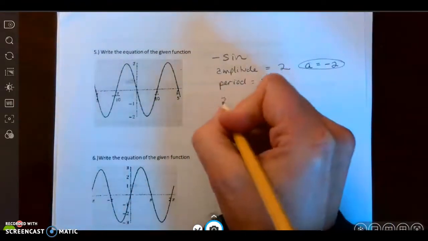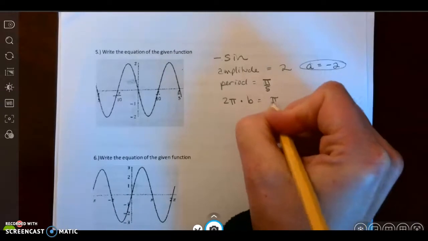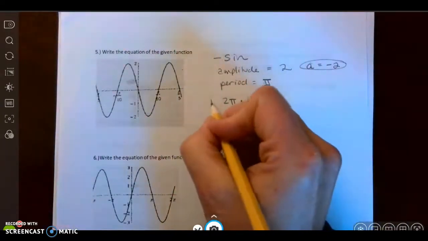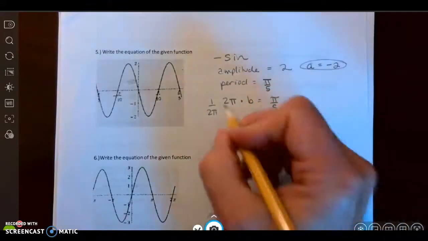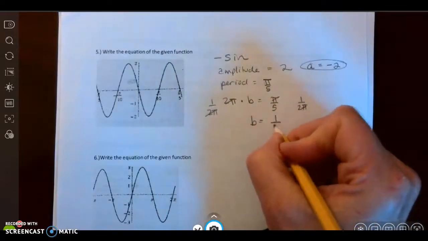So to find that B value, remember 2 pi times the B value is pi over 5. So to solve for B, I'm going to multiply both sides by 1 over 2 pi. And the pi's cancel and I get 1/10.